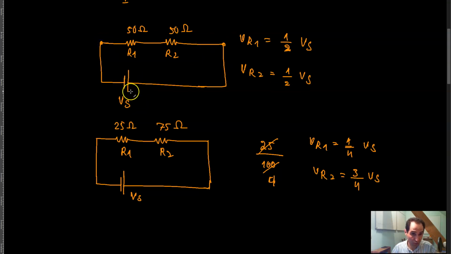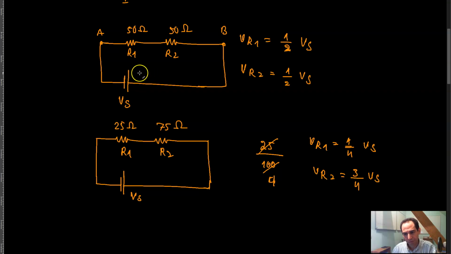And that should always be equal to the supply voltage, because the supply voltage comes to these points A and B. And the voltage drop across both of these resistors is the voltage drop across the points A and B, so that's equal to Vs, and that's one of the Kirchhoff's laws that we studied before.